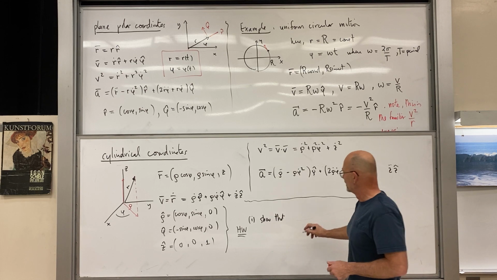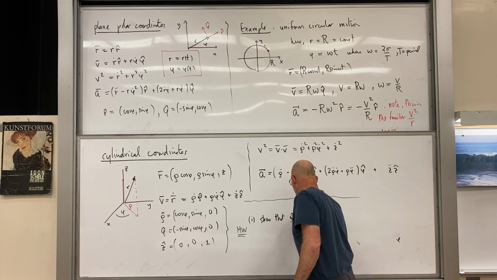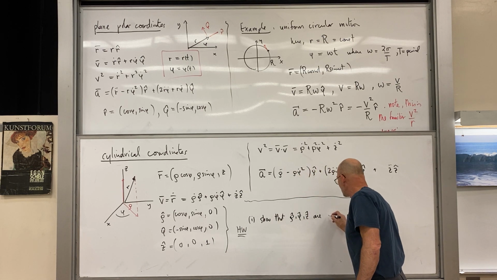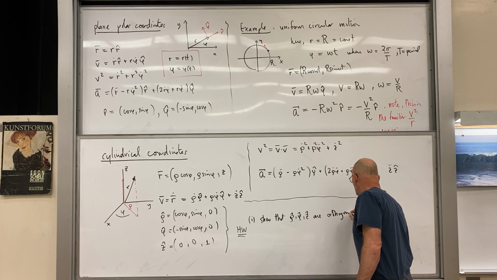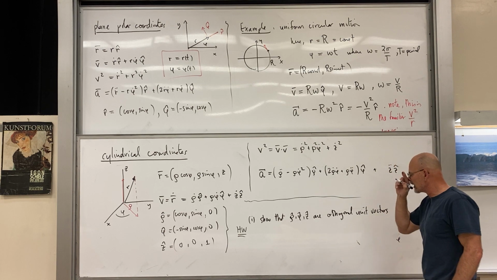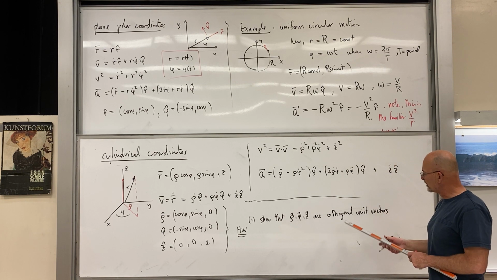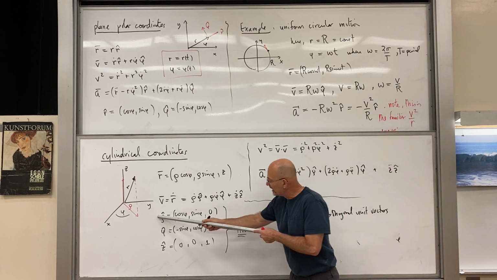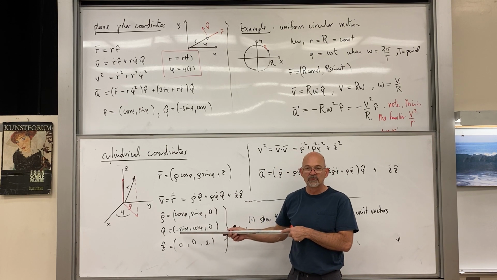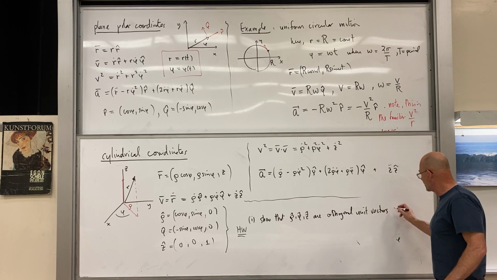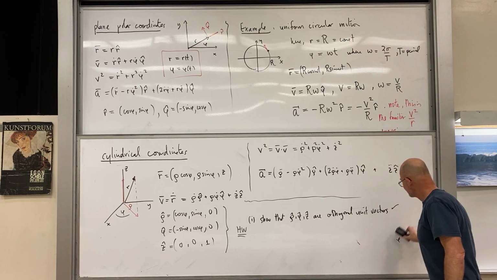Show that rho hat, phi hat, z hat are orthogonal unit vectors. Okay, they're trivially unit vectors, and they're pretty much trivially orthogonal vectors. That means the dot product between any pair of these is equal to 0. Okay, that's what orthogonal means. So they're all mutually perpendicular. So yeah, you just knock that out.